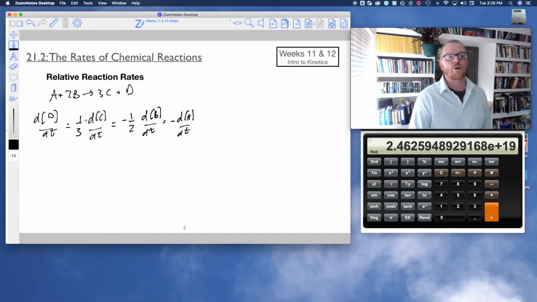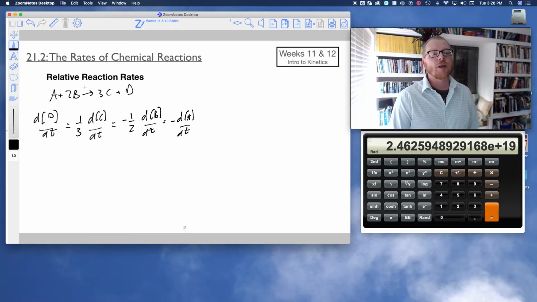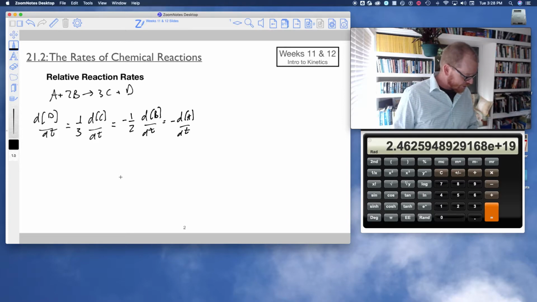Or for example, 2 of B is consumed for every 1 of A. And so if I'm making all these rates relative to each other, that's why it's 1 over the stoichiometric coefficient, because it puts them all at the same rate, okay?